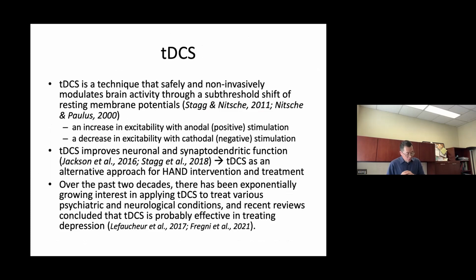Over the past 20 years, many studies have tried to use tDCS to treat different psychiatric or neurological conditions. Even at this stage, we still don't fully understand how tDCS works. We have a basic idea that it might shift the excitatory-inhibitory balance, but for the underlying neural mechanism, we don't fully understand it yet.